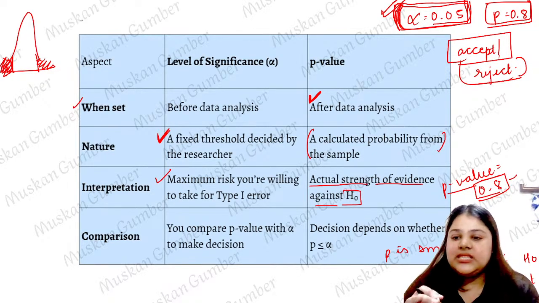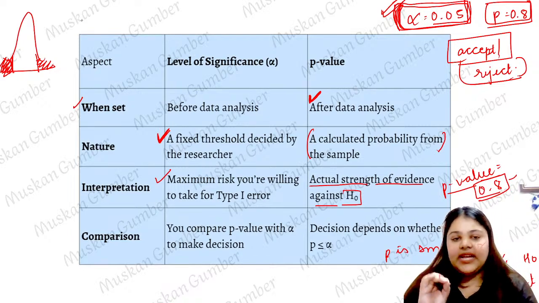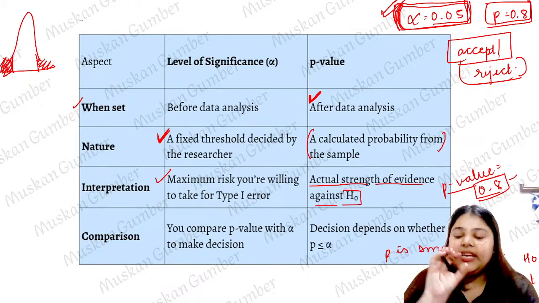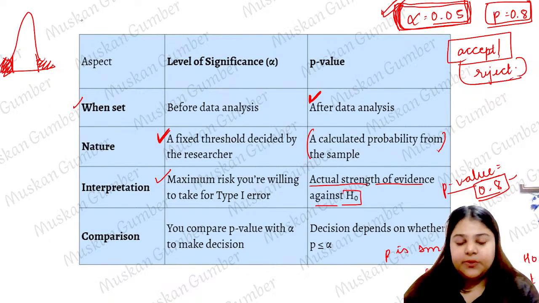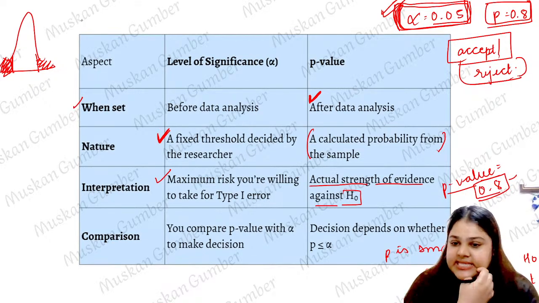Okay. Just tell me that you are able to understand how we get the p-value. You are able to understand that? How do we get the p-value, everyone? Yes, no, something? Yes?